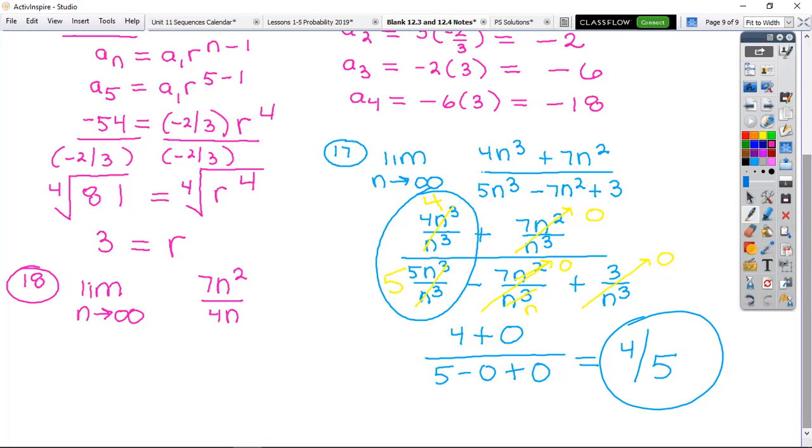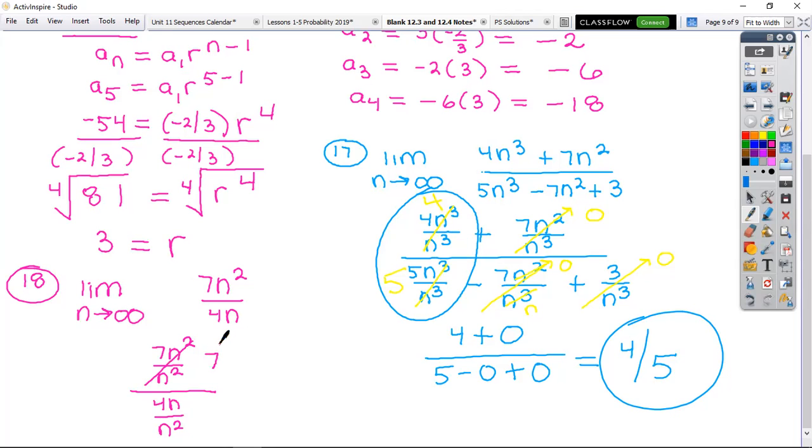So, what am I going to divide everything by? n squared, good. So I'm going to go 7n squared divided by n squared, and then 4n divided by n squared. Okay, so the top is just 7. The bottom is not though.